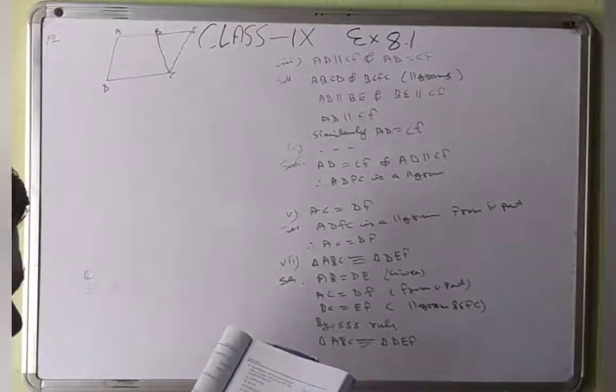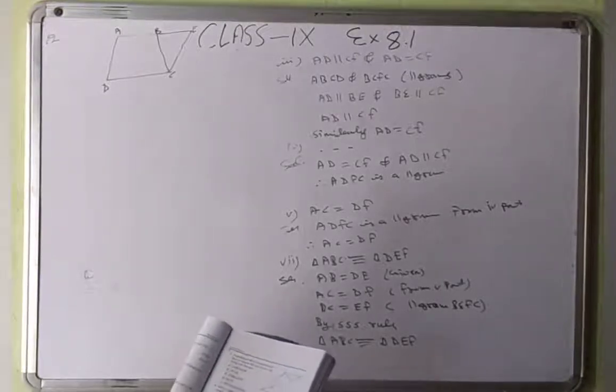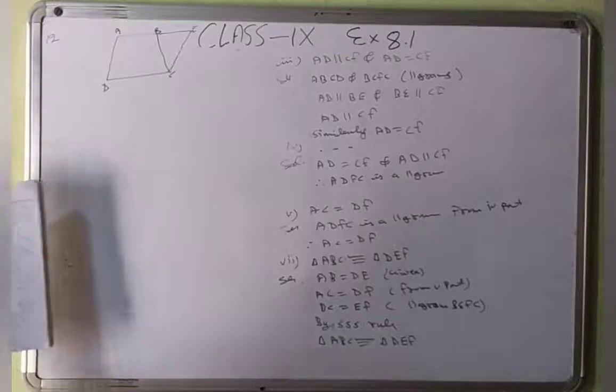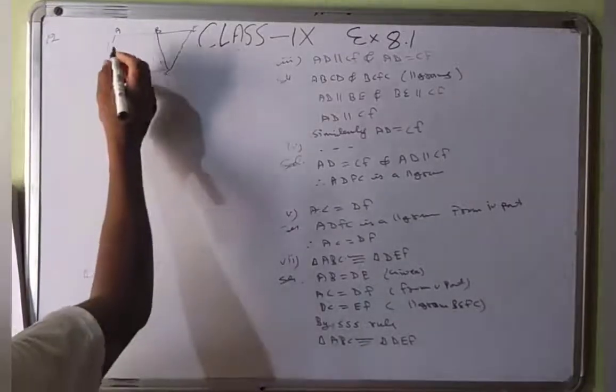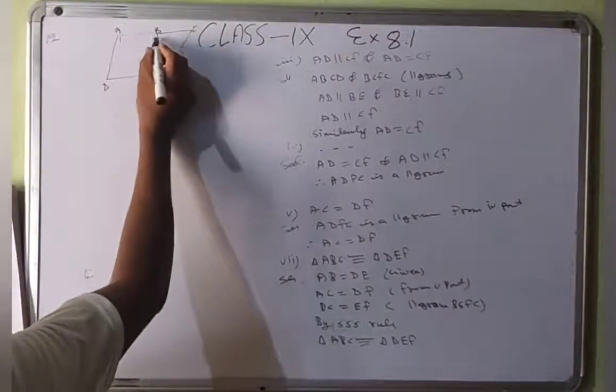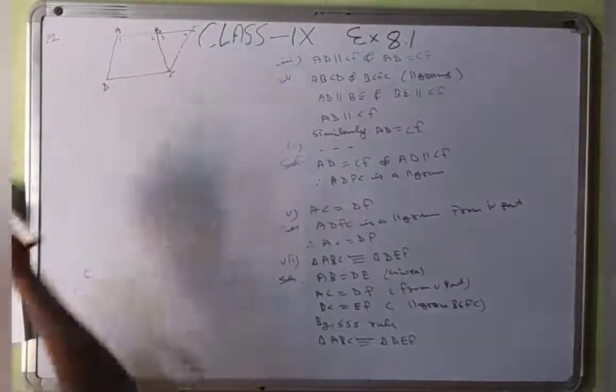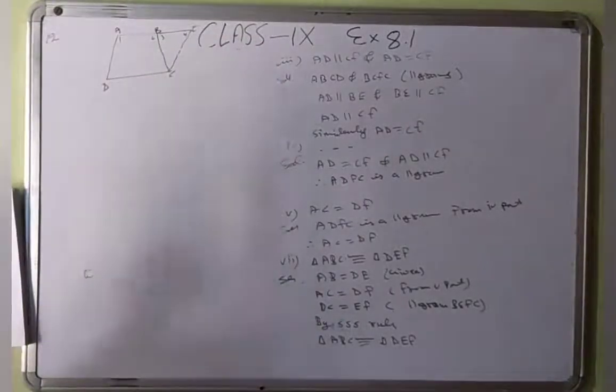We need to prove that angle A is equal to angle B. So we will put here angles 1, 2, 3, 4.